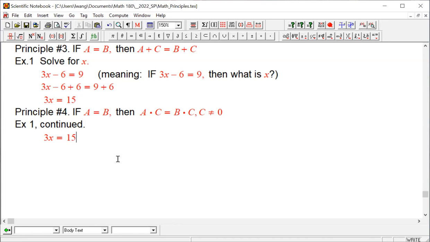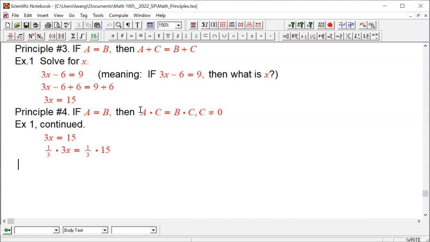You can also say, I'm going to divide both sides by a non-zero number. That's okay too. So there are 2 ways to say this. You can say, I'm going to divide both sides by 3. You get your answer. You can also say, I'm going to multiply both sides by 1/3. Either way is fine. They're both reflections of the same principle.